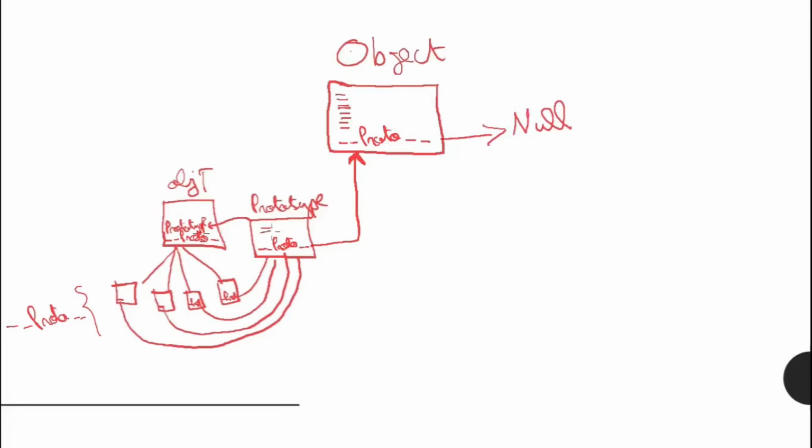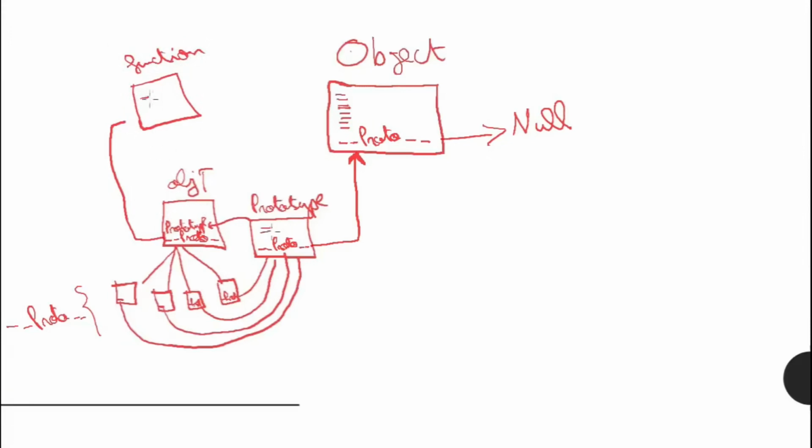Now let us talk about __proto__ in the case of object types. Object types are created by calling a constructor function, which means there is an object for functions that allows you to create this object type.